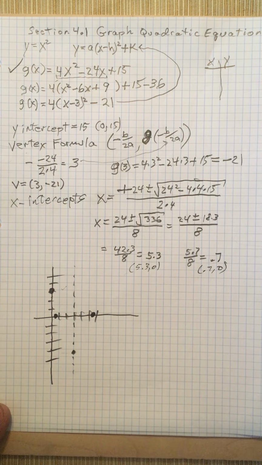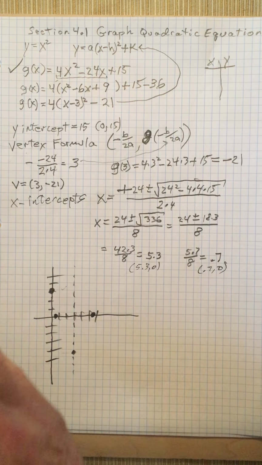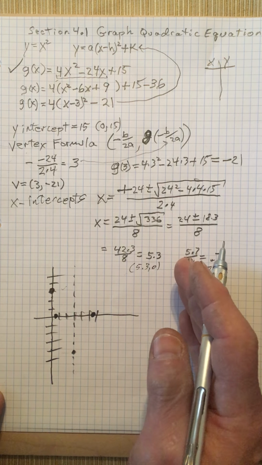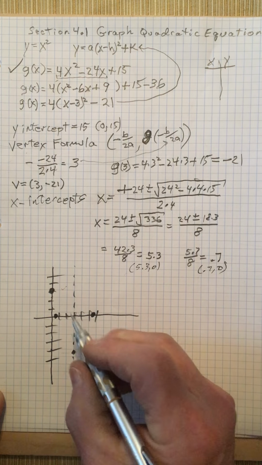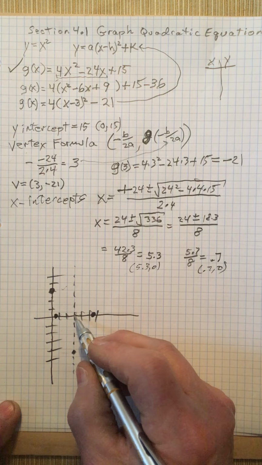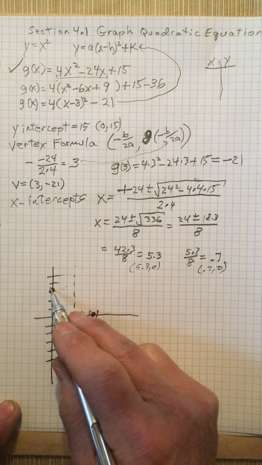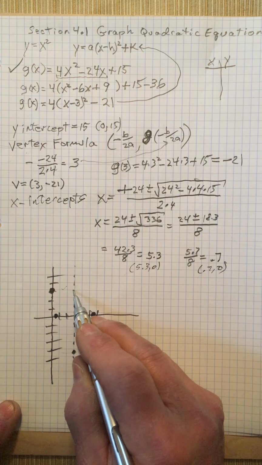Now, if you want to add one more point, you get one almost as a bonus, because points are equidistant on either side of the axis of symmetry. So for example, if I'm at 3 here, this point is 3 away from the axis of symmetry.